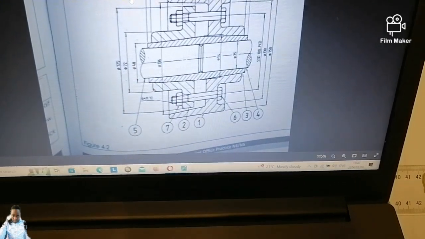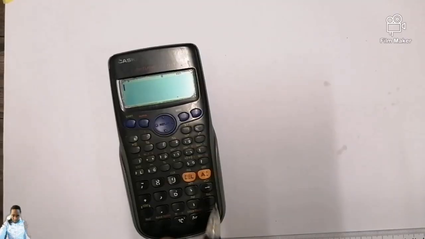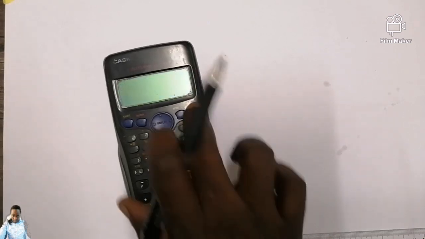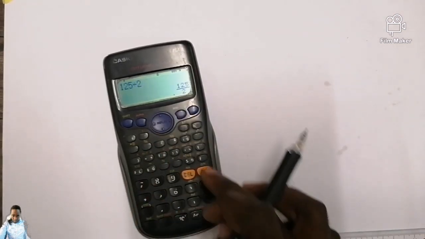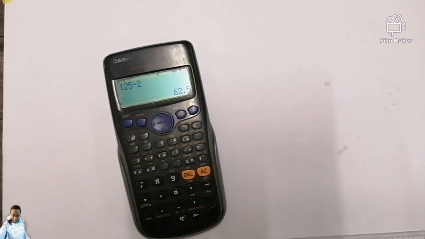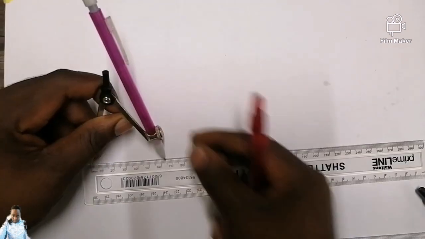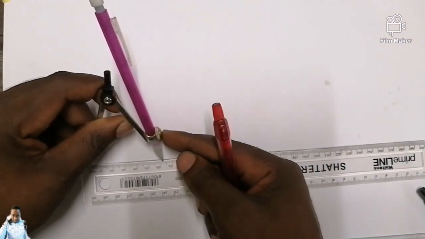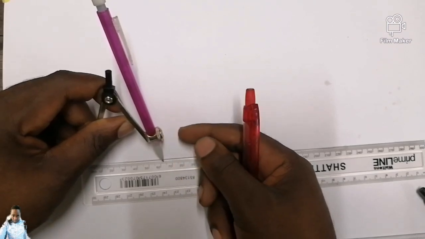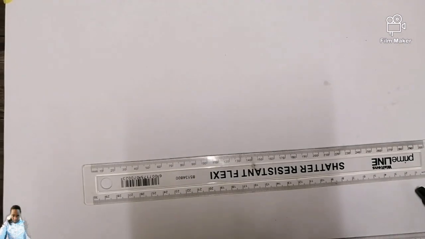So 125 millimeter, 125 divided by 2 to get the radius. So you are going to open your drawing compass to 62.5, which is between 62 and 63.